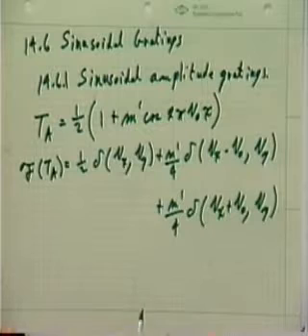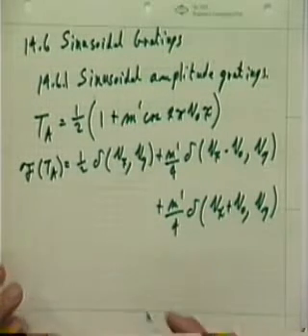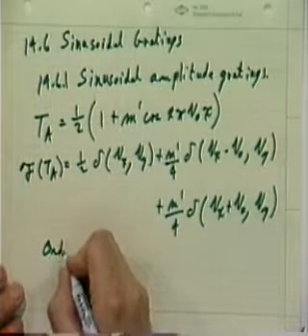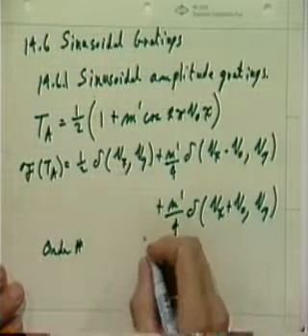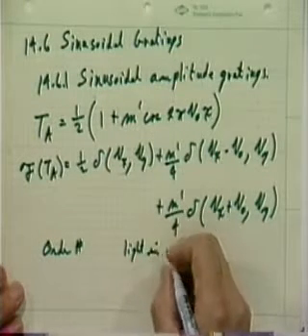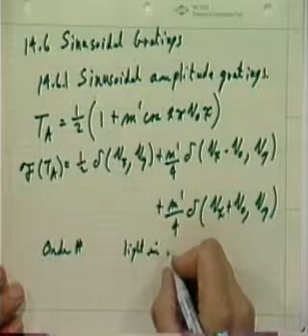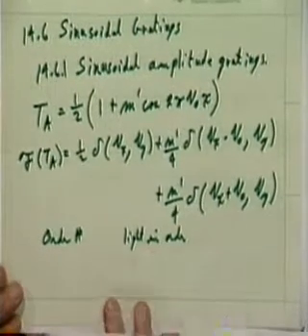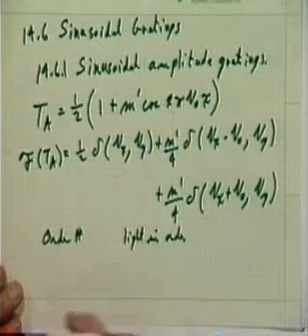Now we can write down the order number and how much light is in each order. What percentage of the incident light is in a given order?